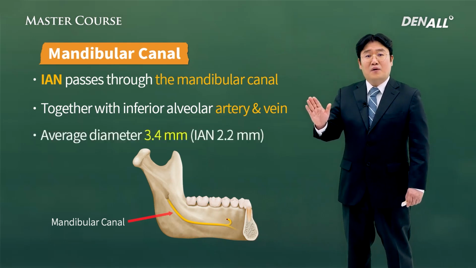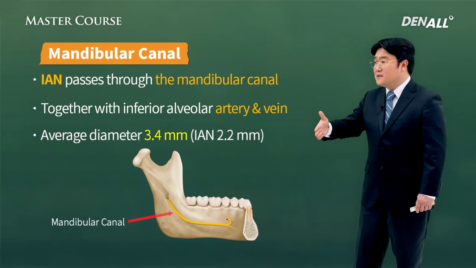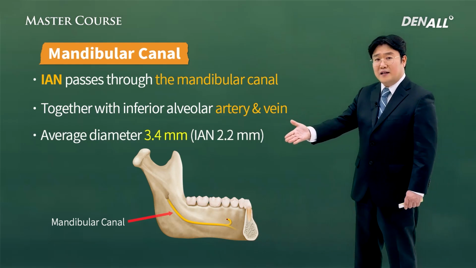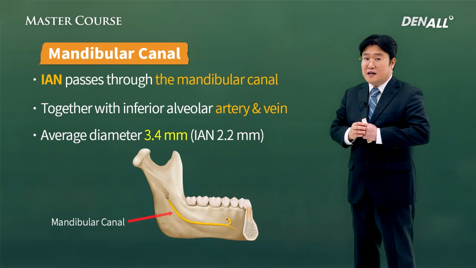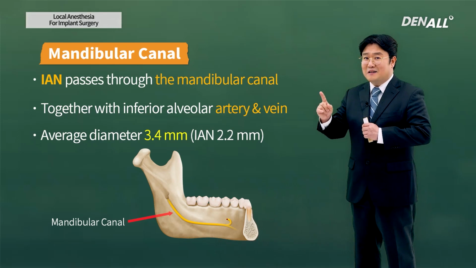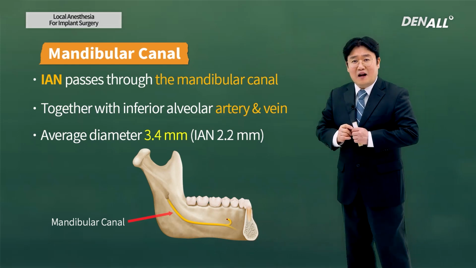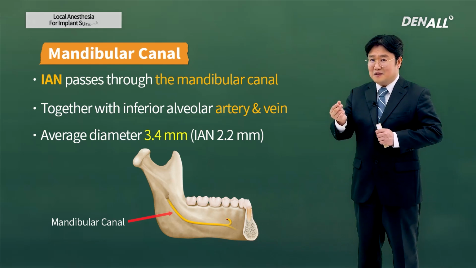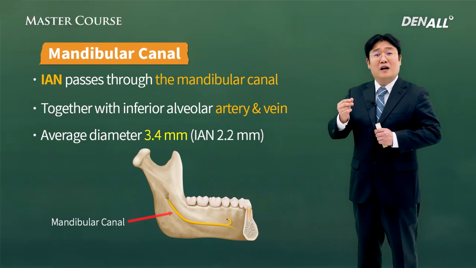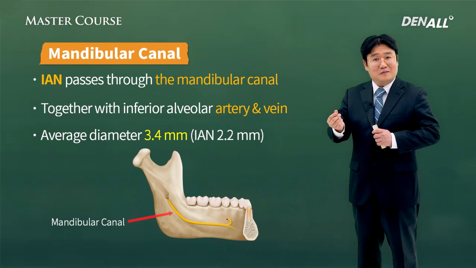On average, the mandibular canal, which holds all of those, is 3.4 millimeters in diameter, and the nerve, according to studies, is about 2.2 millimeters in diameter. Is the inferior alveolar nerve thicker than you thought or thinner than you thought? I think it's much thicker than I thought.